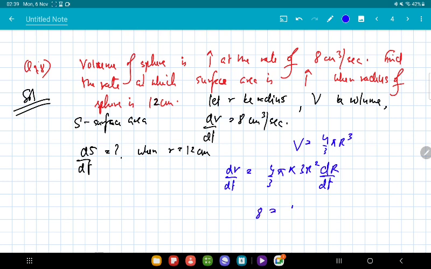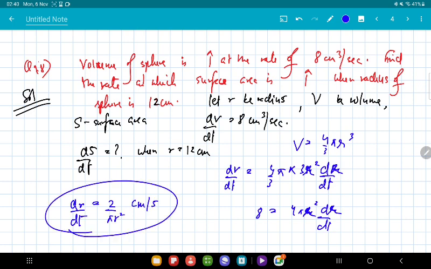So do not get confused. 4 pi r square dr by dt. I should make it a small r here. Do not get confused with that. Once I solve it, I'll get 2 by pi r square. This is my dr by dt actually.